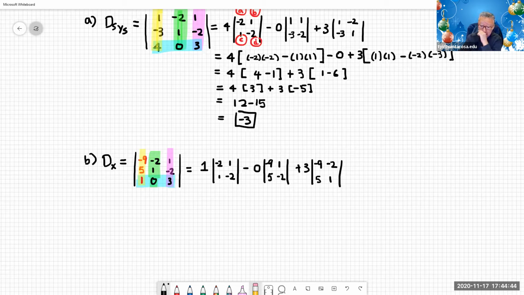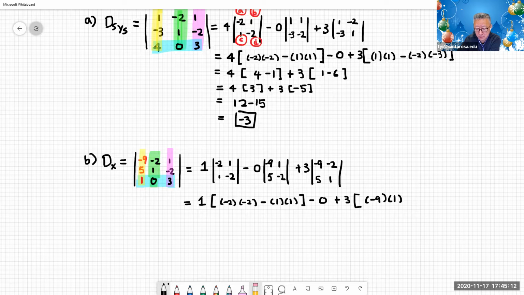Okay. All right, let's use the determinant here. So you got 1 times, again, AD minus BC, same thing as what we did for the system. So minus 2 times minus 2, minus 1 times 1, minus 0, plus 3 times, you got minus 9 times 1, minus 2 times 5.